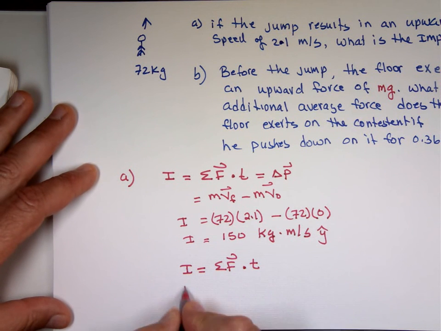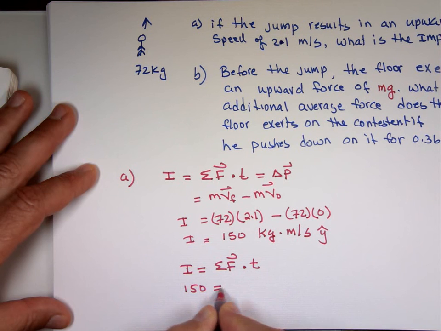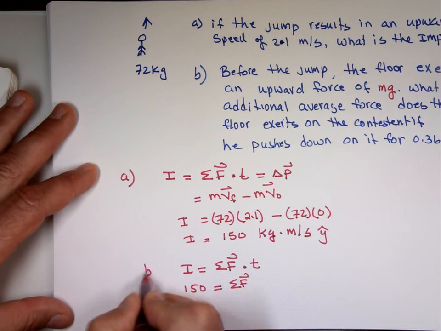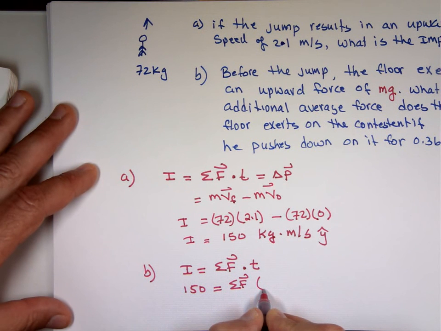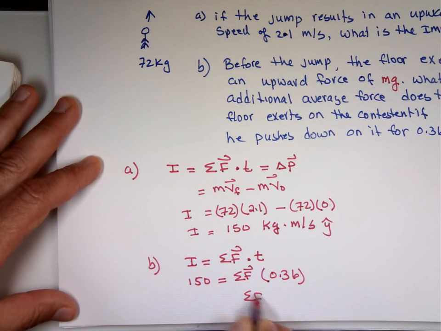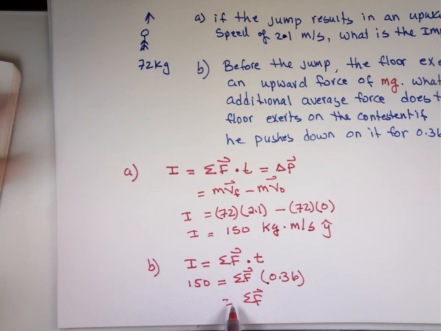Do we know what the average force is? We're looking for it. Do we know what the time is? Which is what? 0.36. Can we get what the average force is? Do the math for that one. And what are you going to have?